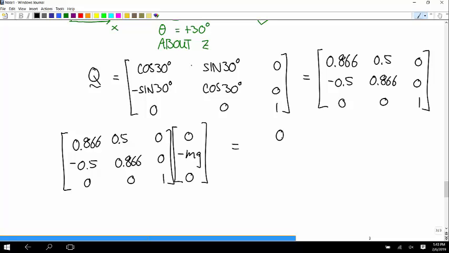And we get negative 0.5 mg for the x component, negative 0.866 mg for the y component, and 0 for the z component. And that's the same thing you got doing the trigonometry.